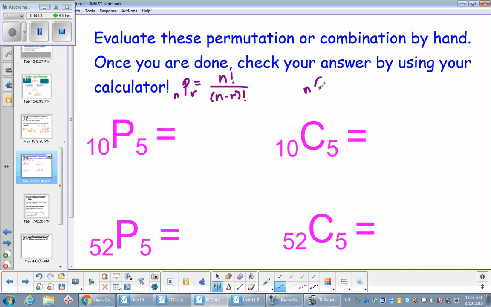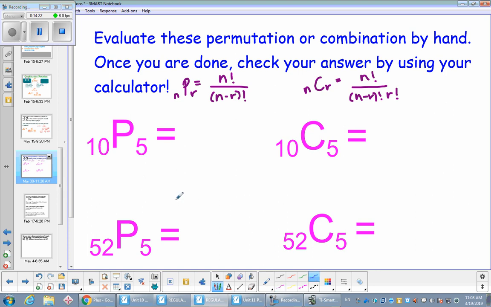If it's nCr, it's n factorial over n minus r factorial, and then remember, we have to divide out the repeats of that r factorial. All right, so go ahead and pause the video and see if you can just write out what these would look like. If you can't calculate them, that's fine. If you can, go ahead.